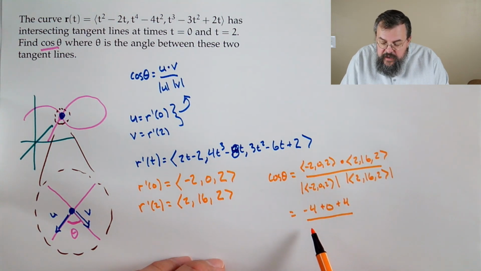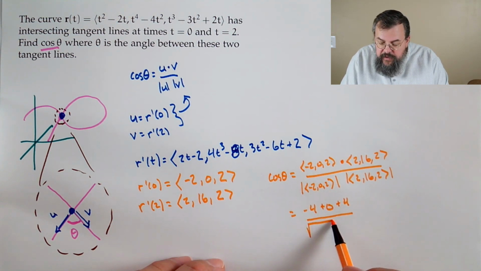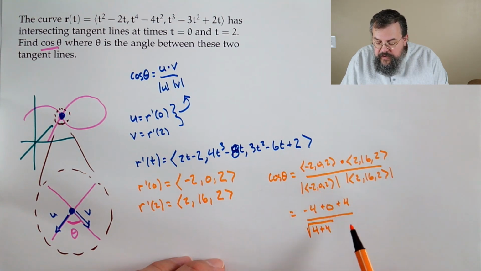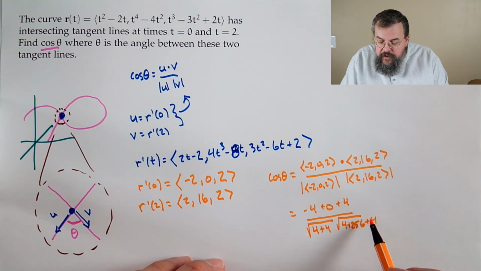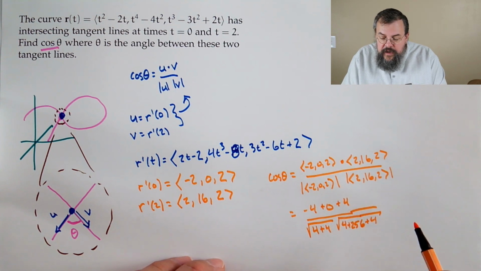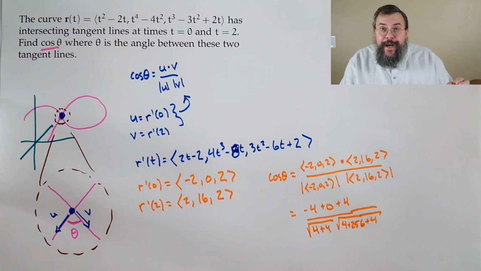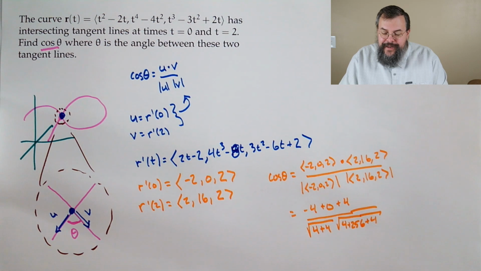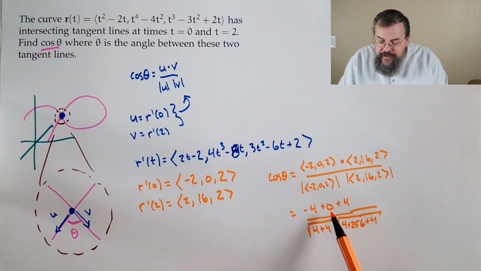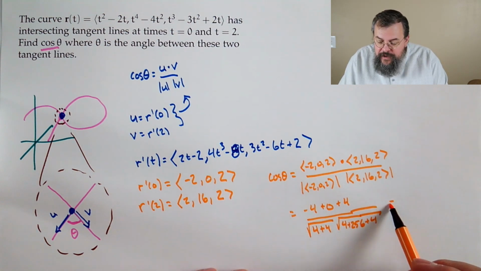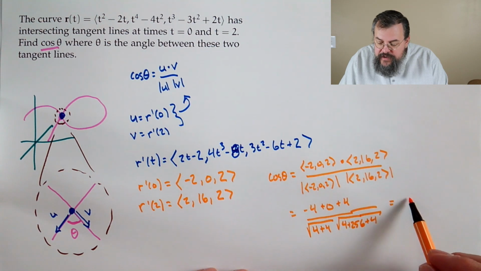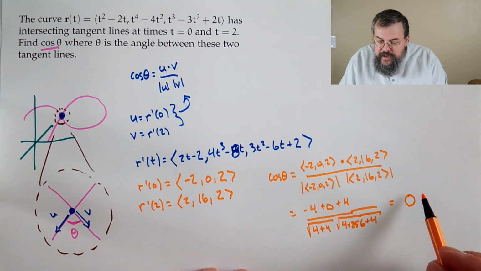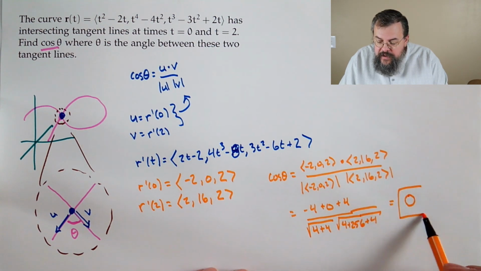Divide by downstairs, well, the square root of 4 plus 0 plus 4, and there's another 0 I didn't put in there, times the square root of 4 plus 256, which is 16 squared plus 4. Now, the good news is we can see something lovely has happened upstairs. Minus 4 plus 0 plus 4 is 0, which means it doesn't really matter downstairs. We got cosine of theta is 0.